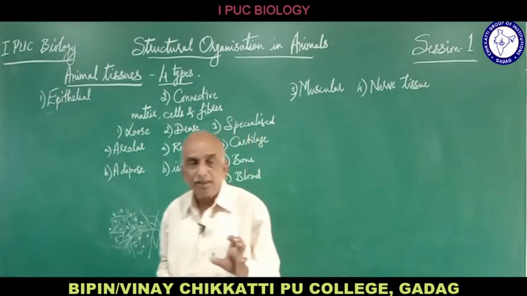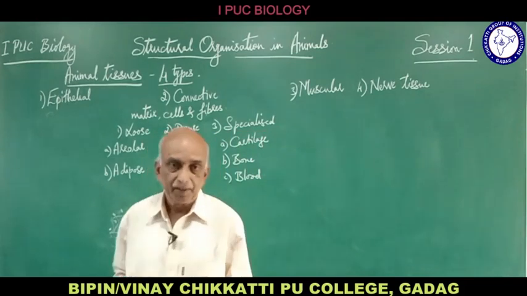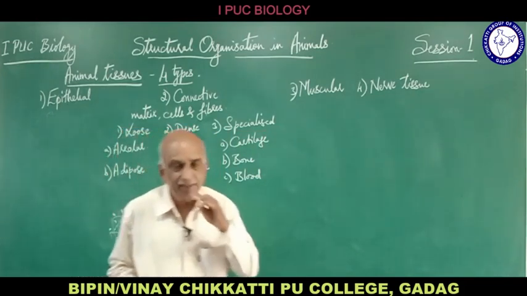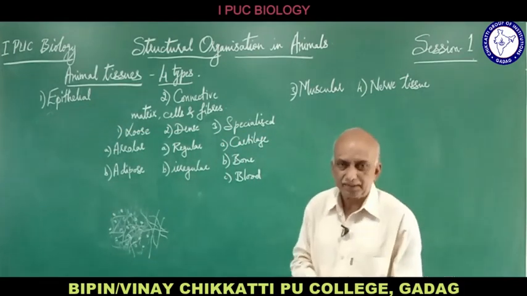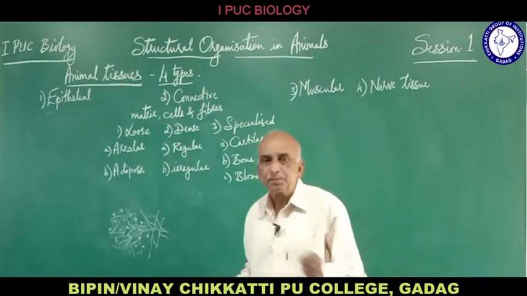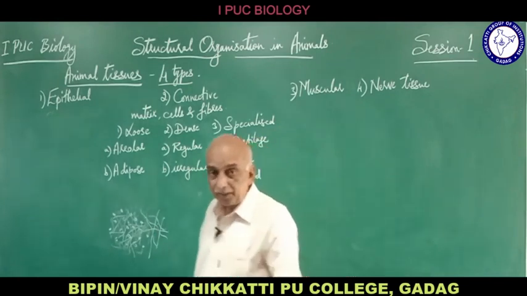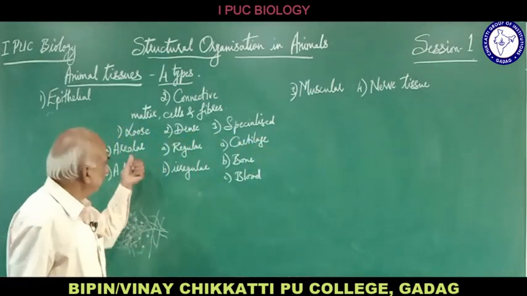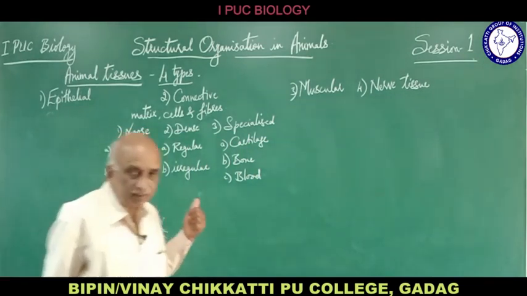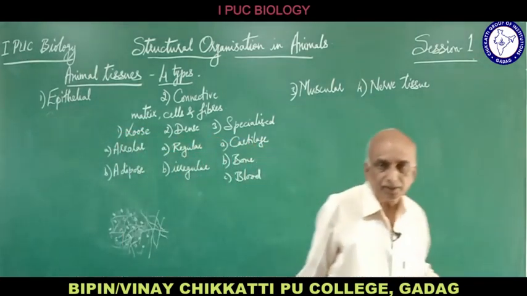That is why it was called areolar tissue. But actually that name is not appropriate because there are no air spaces. These are not actually air spaces, but it was believed when the tissue was first observed. That is why the word areolar has been given to this tissue. So that is about areolar tissue.